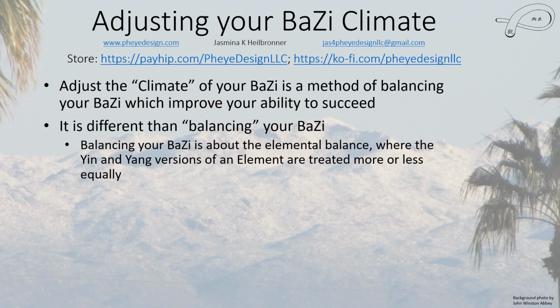There we're talking about balancing the elements, and this more has to do with your overall view of life, or your overall mental state, how easy it is for you to deal with problems. If you have a balanced BaZi, you tend to be able to deal with problems and your emotions and everything in a much more balanced way.